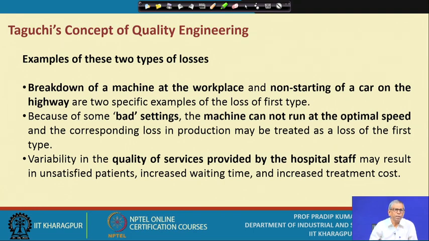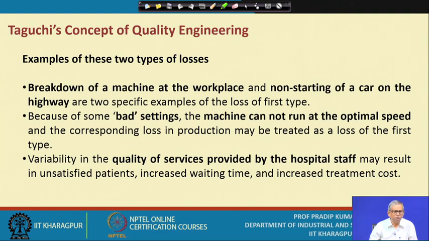For example, breakdown of a machine at the workplace and non-starting of a car on the highway are two specific examples of the loss of the first type. So this is always we come across because of some bad settings.